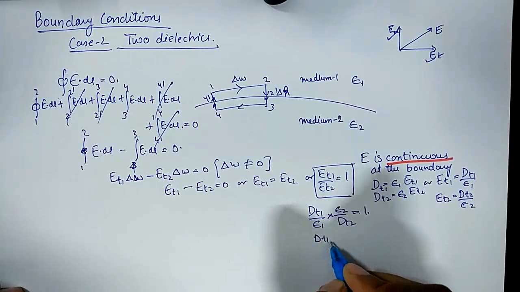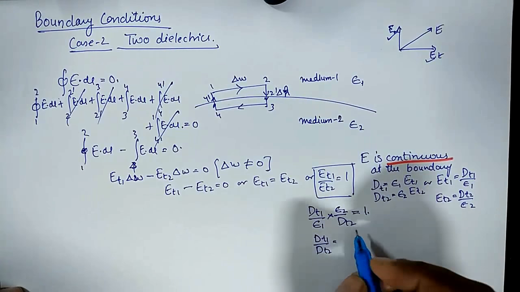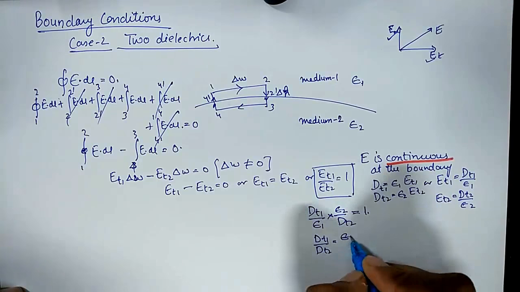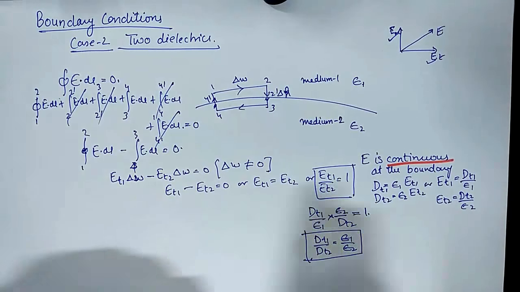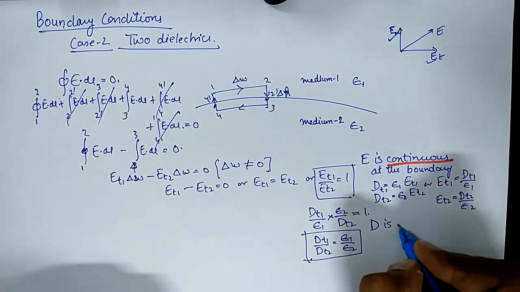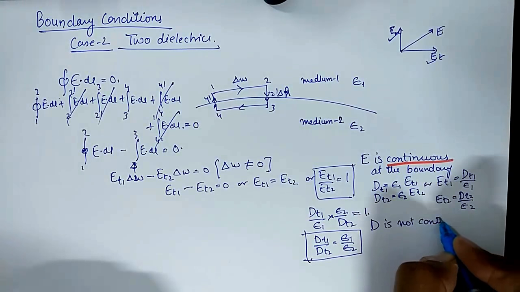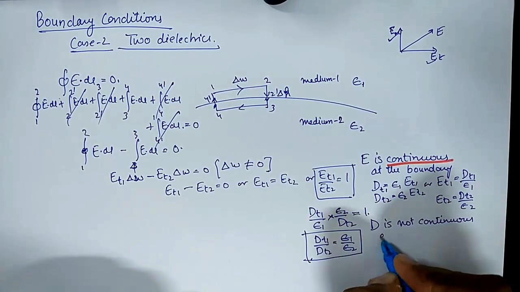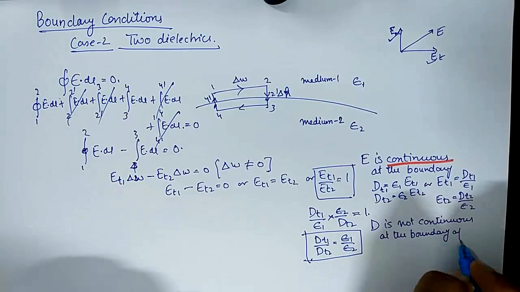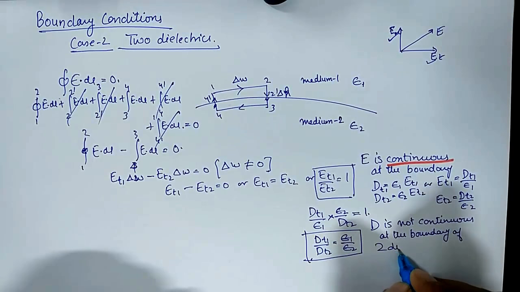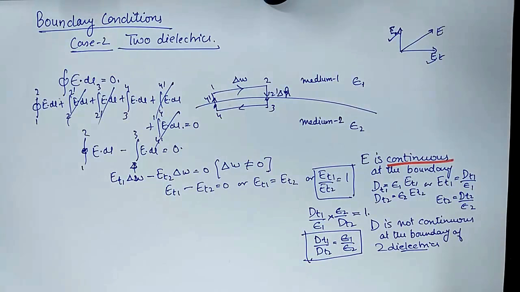So DT1 upon DT2 becomes equivalent to epsilon 1 upon epsilon 2. So the ratio is not equivalent to 1. So D is not continuous at the boundary of two dielectrics. So these are the results, by the way, for the tangential component.